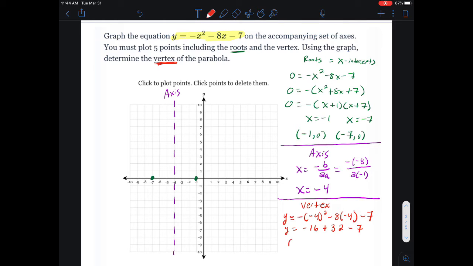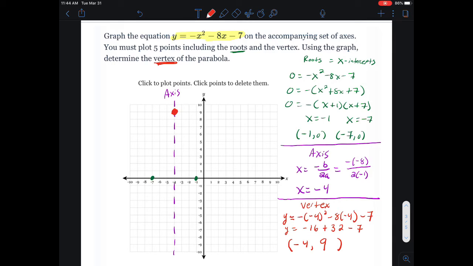We have the x value of negative 4, and then we evaluate that, and we'll get our y value of, let's see, negative 16 plus 32 makes 16. 16 minus 7 makes 9. So I'm going to have a vertex at (-4, 9). So there's my vertex right there.